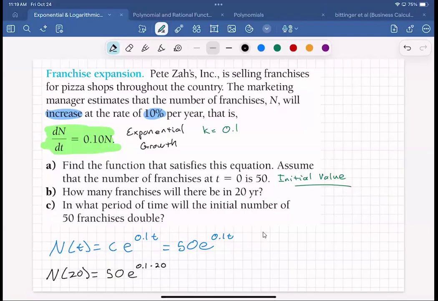Now, where should you round your answer to, by the way? If you're talking about the number of franchises 20 years later, how should we round the answer that we're finding?